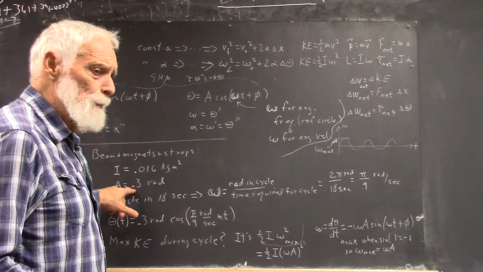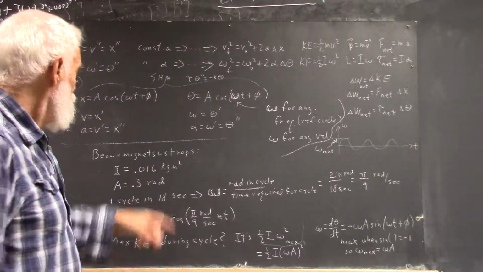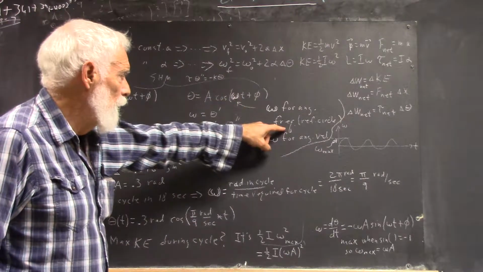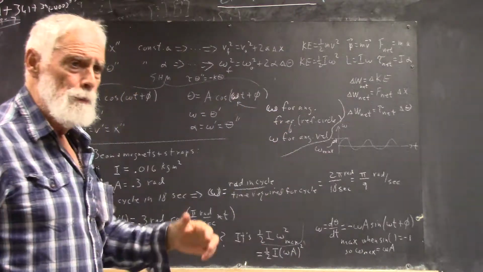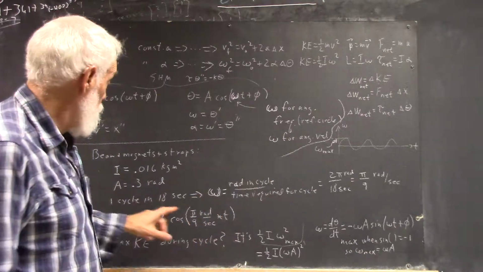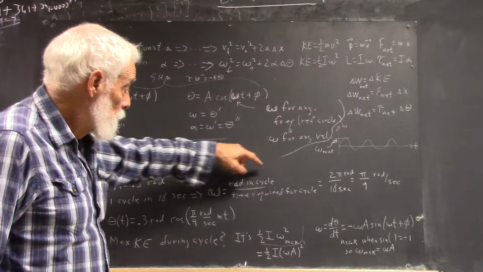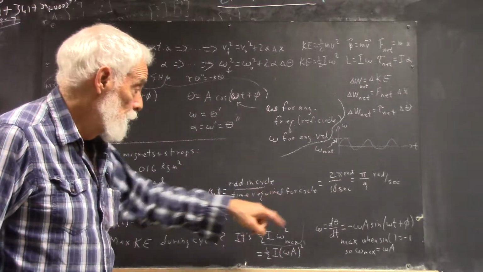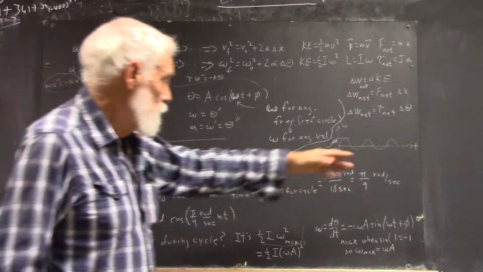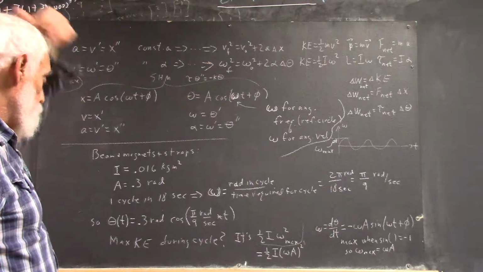So the amplitude of the oscillation doesn't determine its angular frequency. The angular frequency is determined by how many radians there are in a complete cycle and how long it takes to do a complete cycle. So that omega is the number of radians in a cycle divided by the time required for a cycle, and we get that to be about pi/9 radians per second.